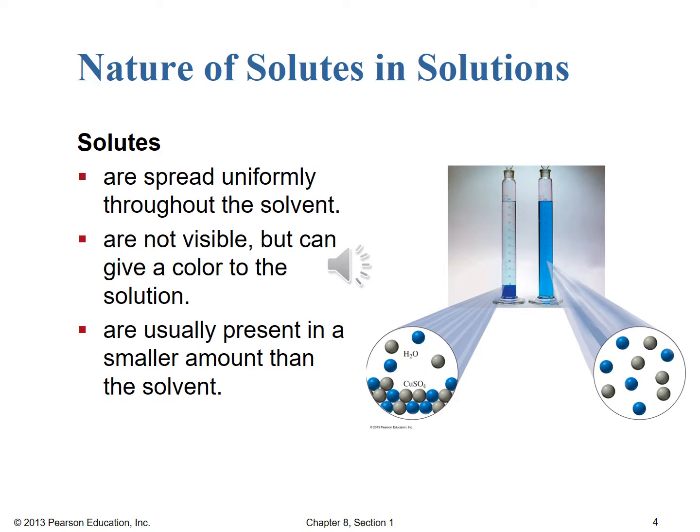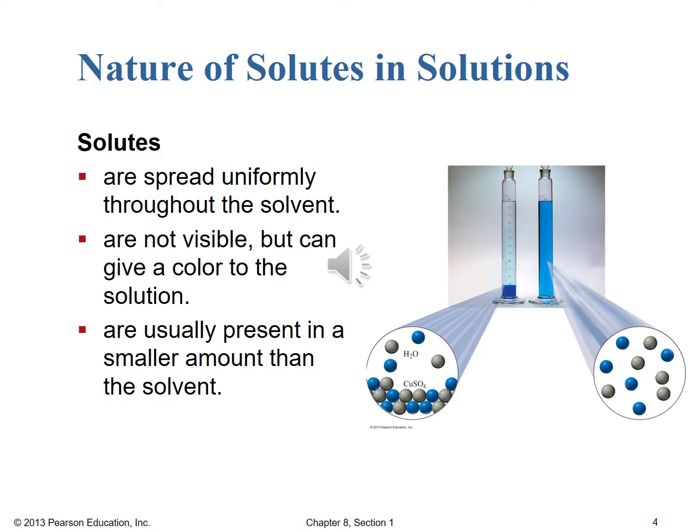As we move to the right-hand side, there's a solution that's been allowed time enough to mix, and you can see it's uniform throughout. It's the same color blue at the top as at the bottom, whereas the solution that's still forming on the left side there is much more intense down at the bottom where the solid is, slowly dissolving and giving a very intense blue, and then toward the top the blue is very faint because few of those solute molecules have been brought up to the top at that point.